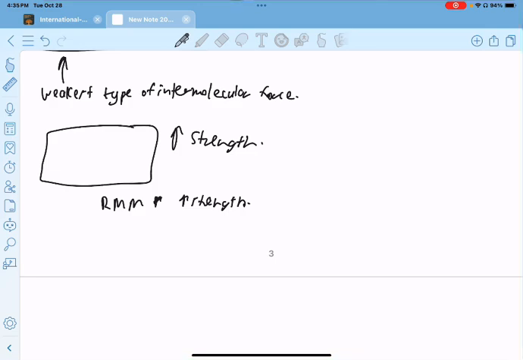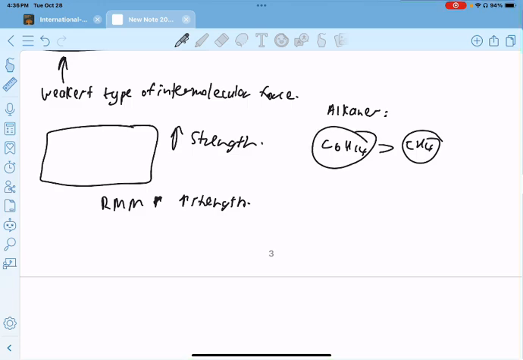For example, let's look at an example right now. Alkanes. When we talk about alkanes, let's look at C6H14, which will have a greater boiling point than CH4, than methane. Methane is a gas at room temperature. Hexane is a liquid at room temperature.